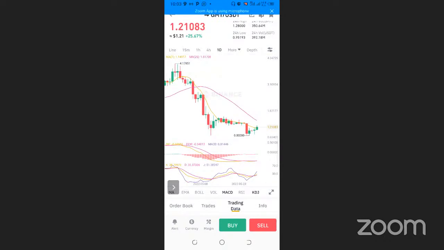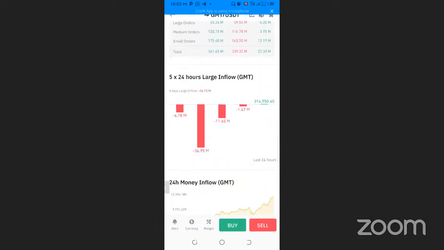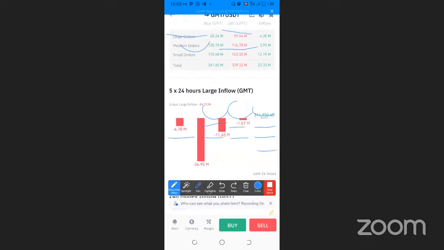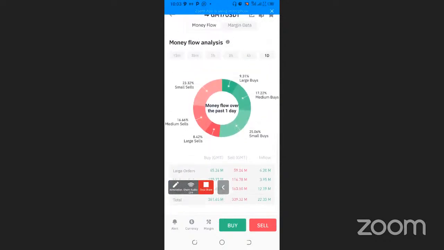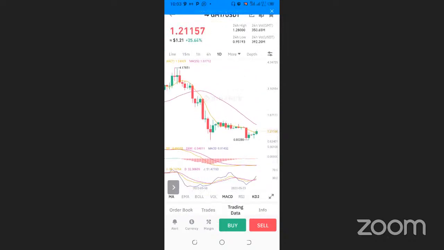Okay, and again, look at the signal. We are still having a pure signal that we can still make something good out of the market. It's showing us that the buyers have more power in the market.